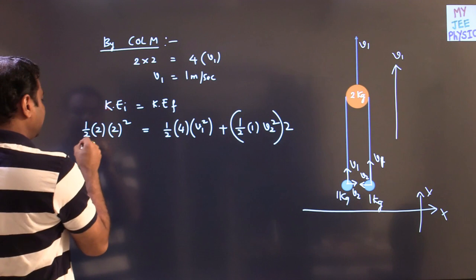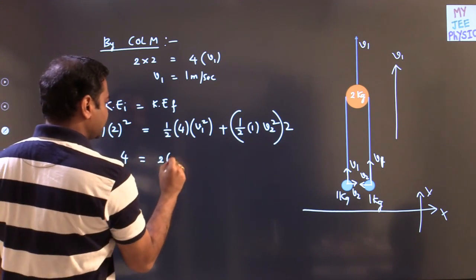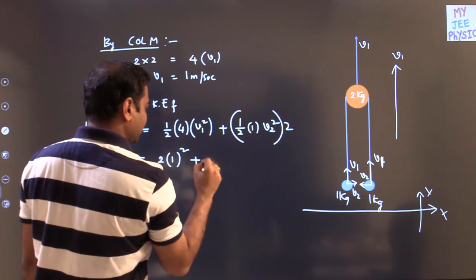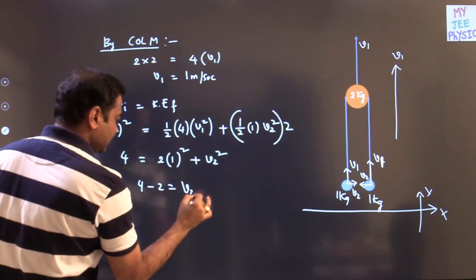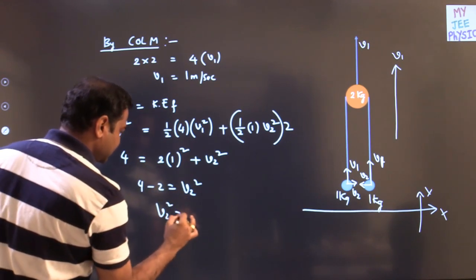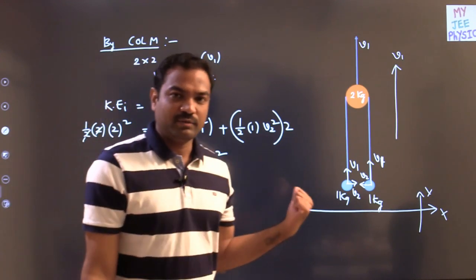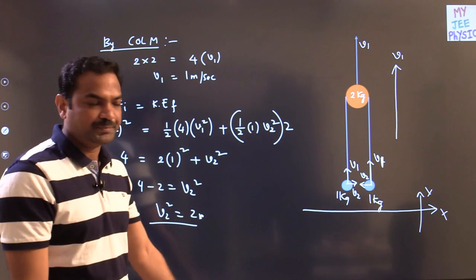Okay, so then this value will become how much? 4 is equal to 2 into v1 square, v1 is 1, plus this 2 cancels out, you will get simply v2 square. So 4 minus 2 is equal to v2 square, then v2 square is equal to 2. I am keeping the v2 square as 2 because I know v2 square is required for me, or else if you want to find out v2 value you can write down root 2.